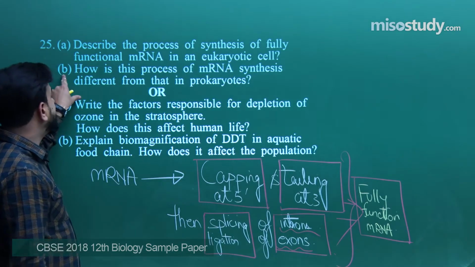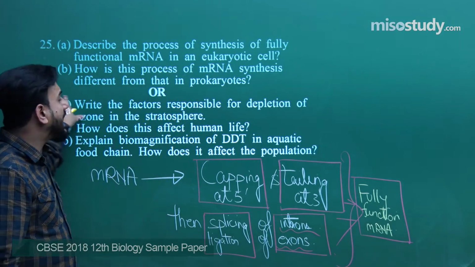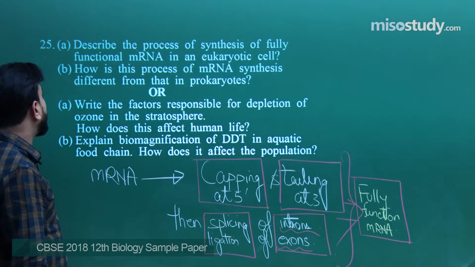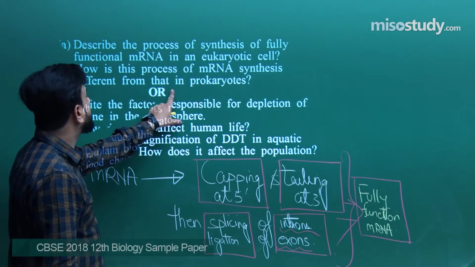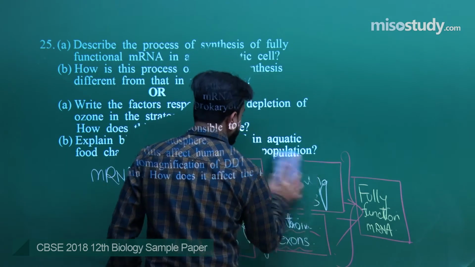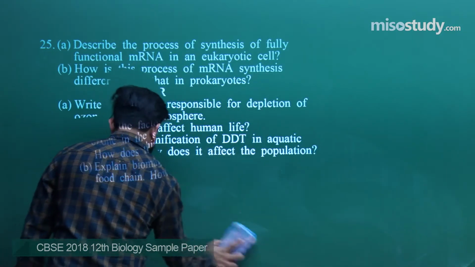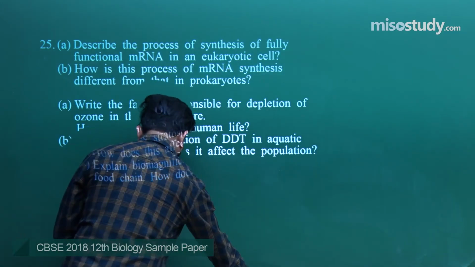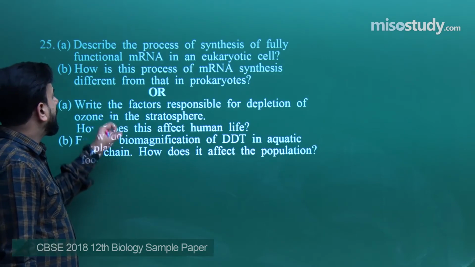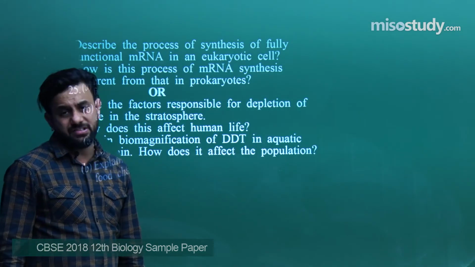The second question B is the same thing, but there is a difference. It is asking how this process of mRNA synthesis is different from that in prokaryotes. So the mRNA synthesis is different in prokaryotes in some ways.